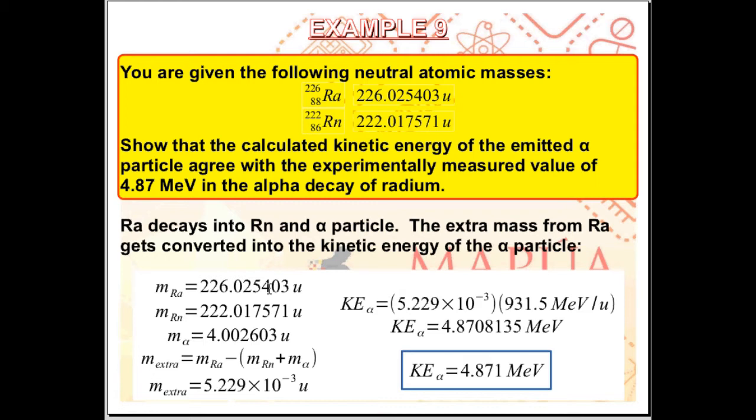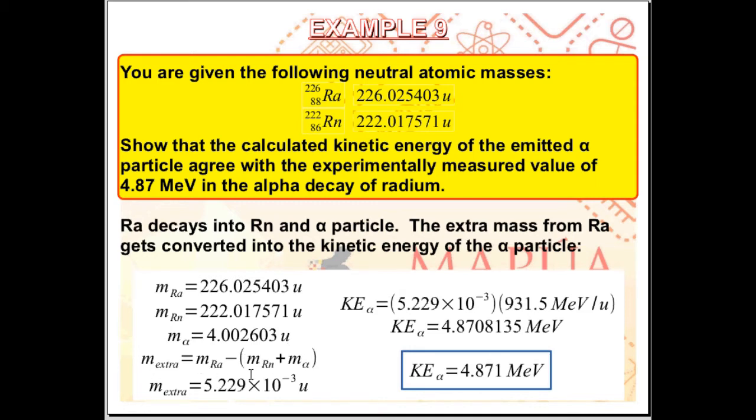There is extra mass. That extra mass is converted into the kinetic energy of the alpha particle. So first, we take the extra mass, the original mass of the radium, and then you have the combined mass of radon and alpha particle.